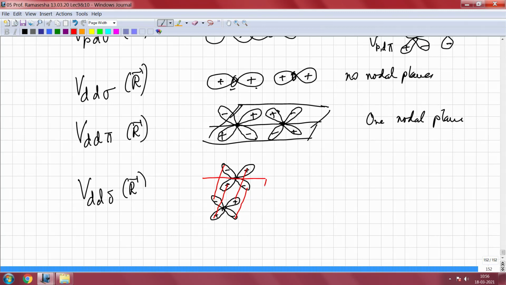One is this nodal plane and the other one is this, so there are two nodal planes, with the VDD delta.